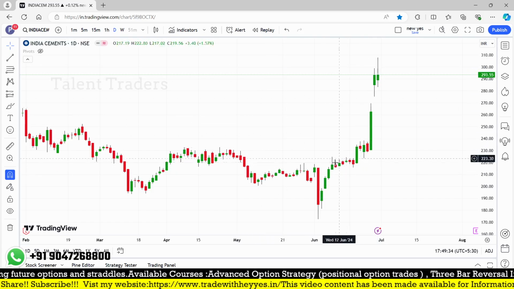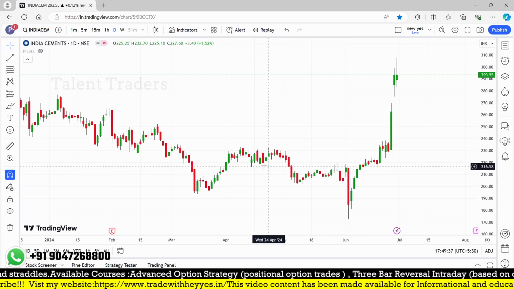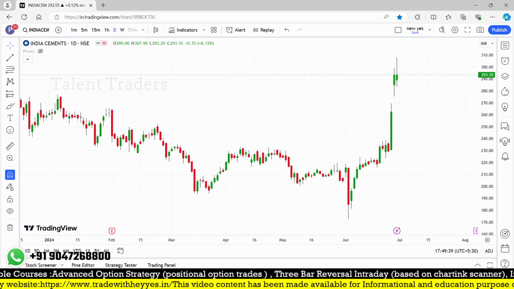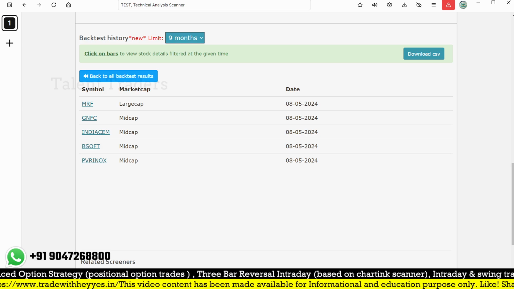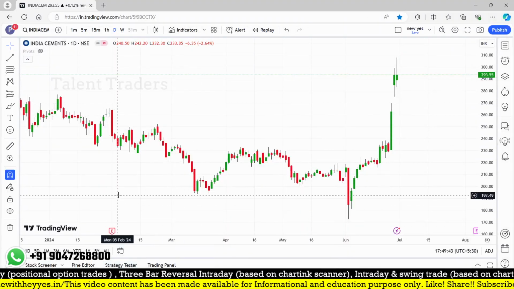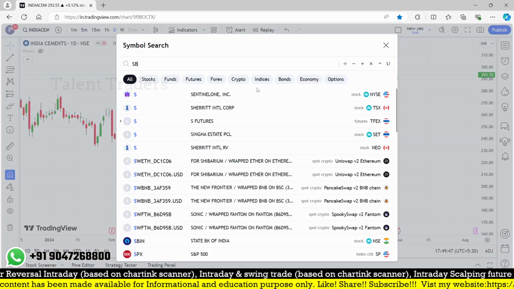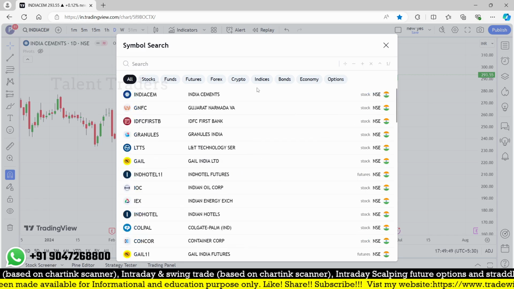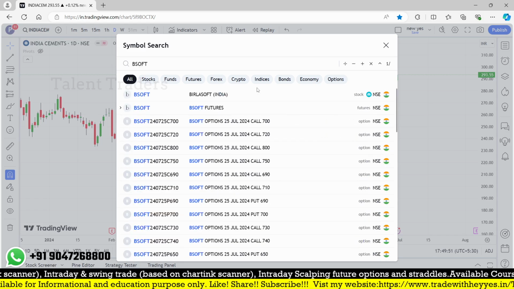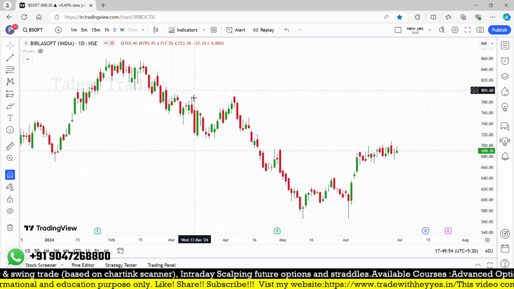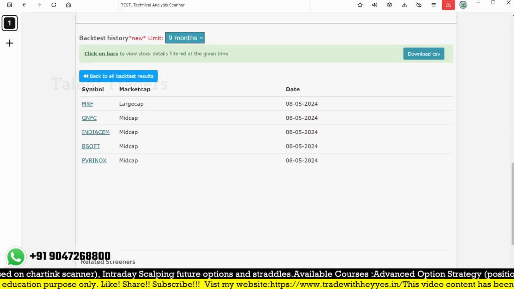After that only now it is moving. Currently it is moving. So minimum stop loss where we have taken out from those trades. No problem. And MRF, GNFC we have seen, and Bsoft. And the exact date is 8/5.